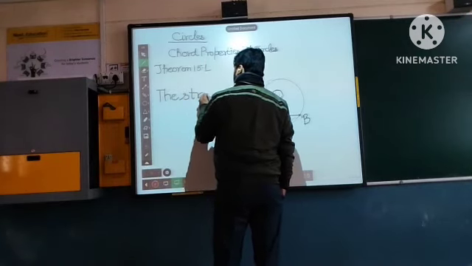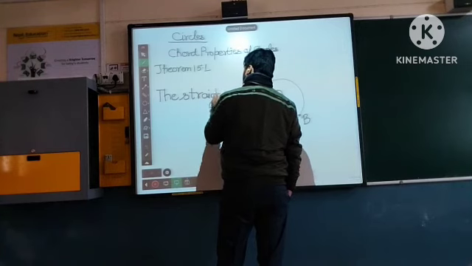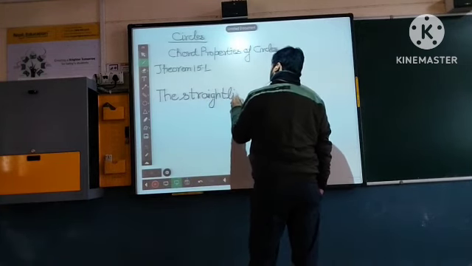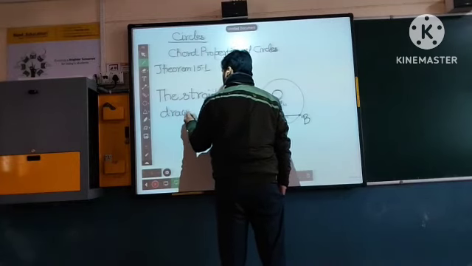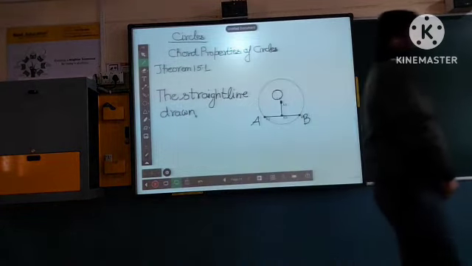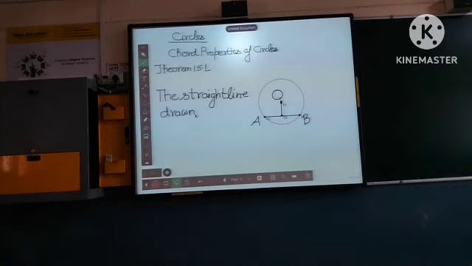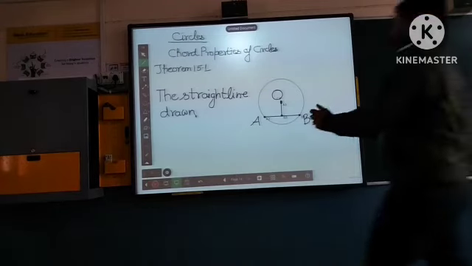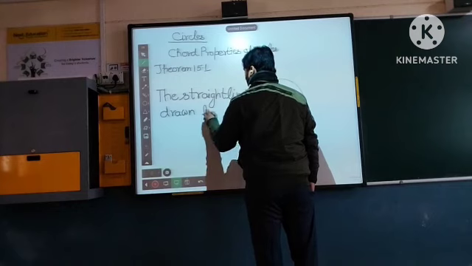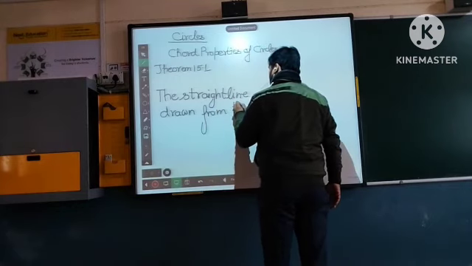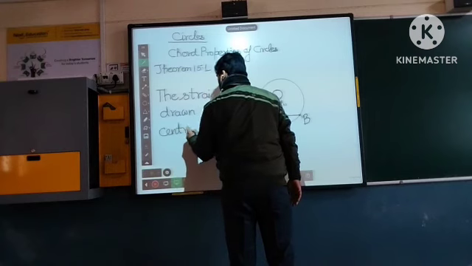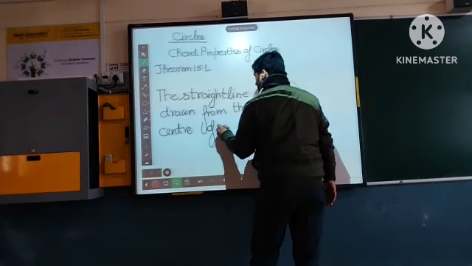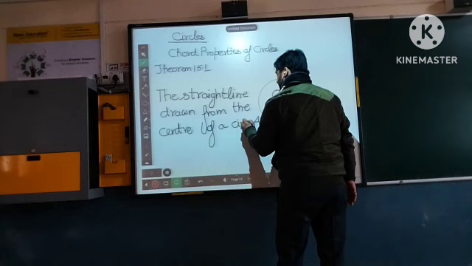The theorem states that the straight line drawn from the center of a circle which is not a diameter.